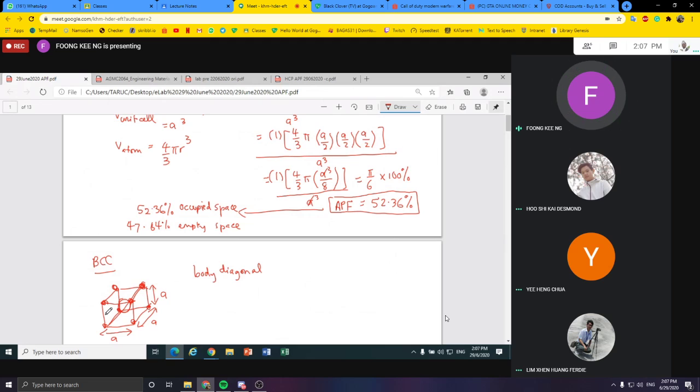If you have a body diagonal, you also have the face diagonal. The face diagonal is not used here because in this BCC there's no atom on the face. The face diagonal is only used in FCC, while the body diagonal is used in BCC. I shall erase this part; we come to the face diagonal later. So far okay? Yes.